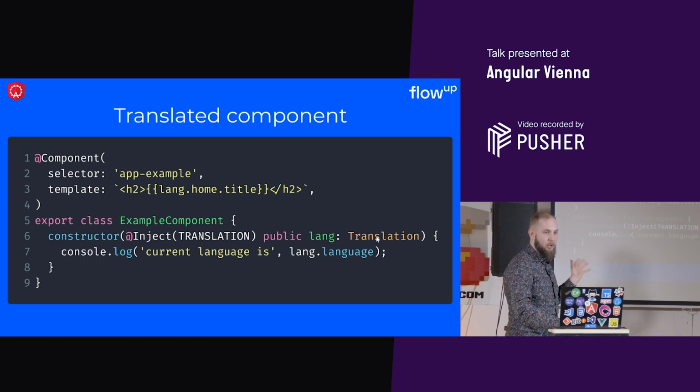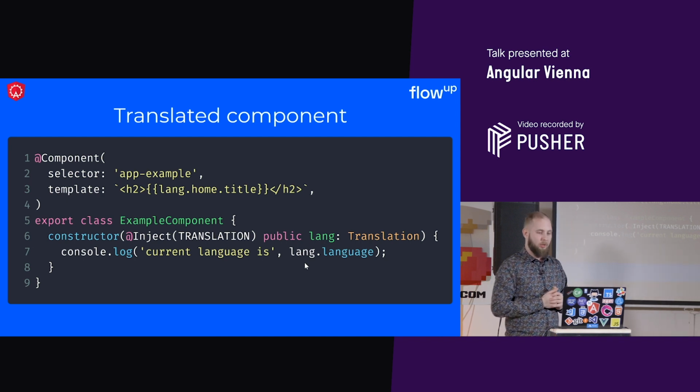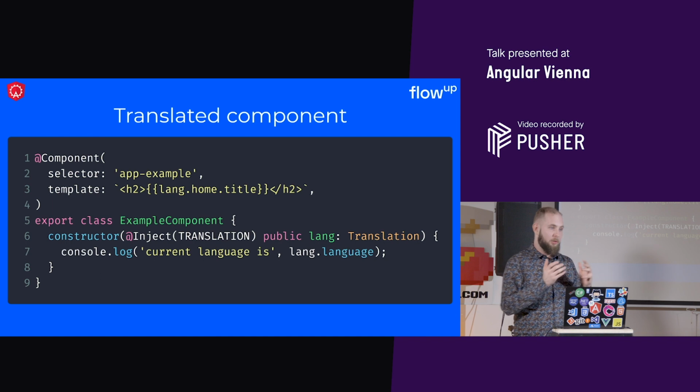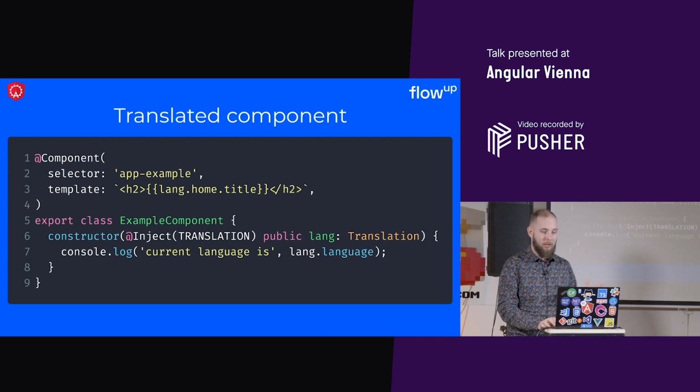This typing is actually our default, so we know that every translation has to be of type of this or something more, so it will work. And we can either use it directly in a component because it's a pure object, so we can use it as an object in the template, or we can console log it, anything. It's provided by dependency injection. It's not asynchronous, it's provided and lazy loaded to the component. The component can right away use it, so it's that simple in a component.